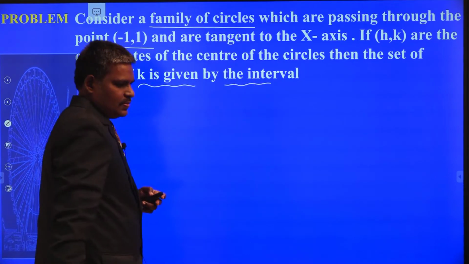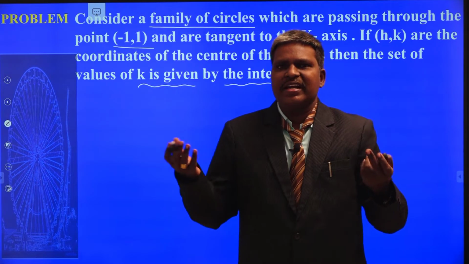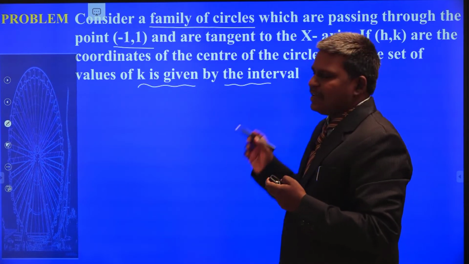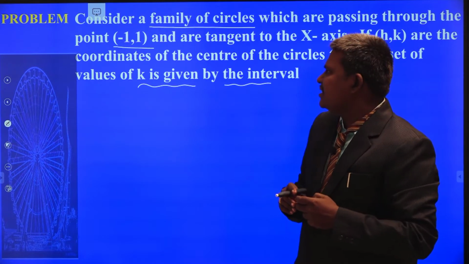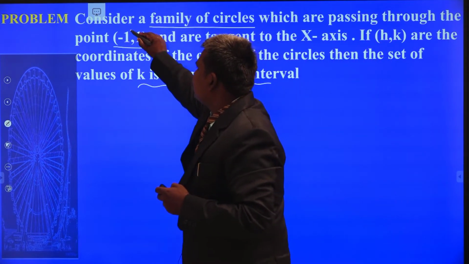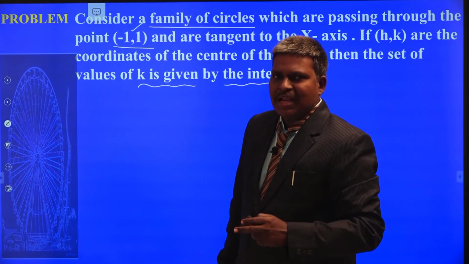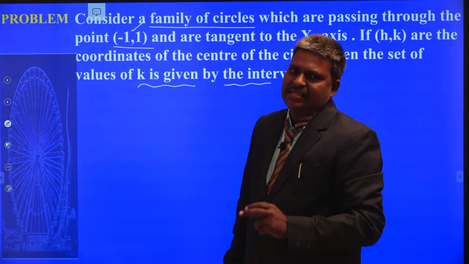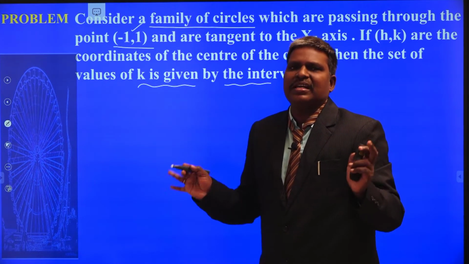This is your question. How many circles are there? Infinite number of circles. The family of circles satisfies some conditions. All the circles pass through this point. What is the point? Minus 1 comma 1. At the same time, all the circles touch the x-axis. Imagine how many circles can you draw? You can draw infinite number of circles.